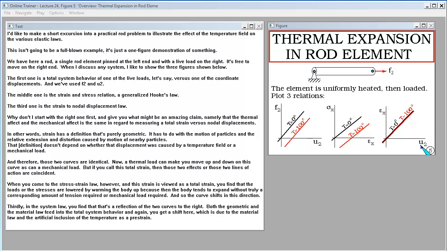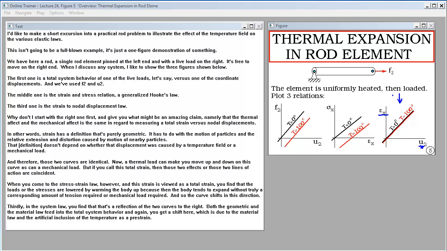Why don't I start with the right one first and give you what might be an amazing claim, namely that the thermal effect and the mechanical effect is the same in regard to measuring a total strain versus nodal displacements. In other words, strain has a definition that's purely geometric. It has to do with the motion of particles and the relative extension and distortion caused by motion of nearby particles.